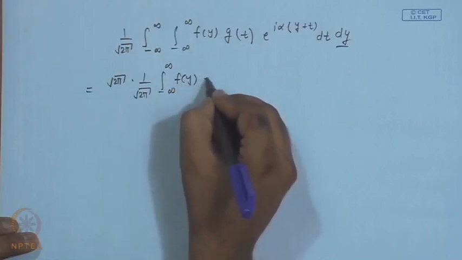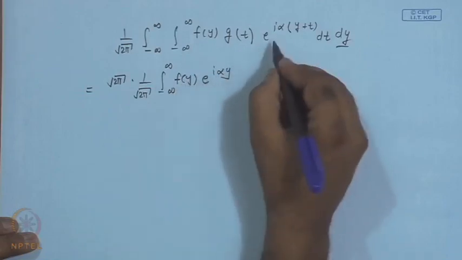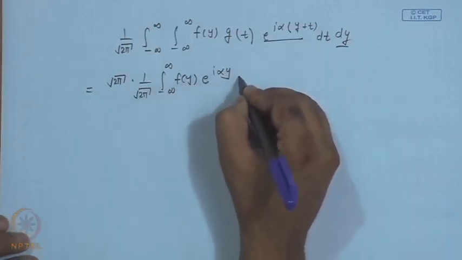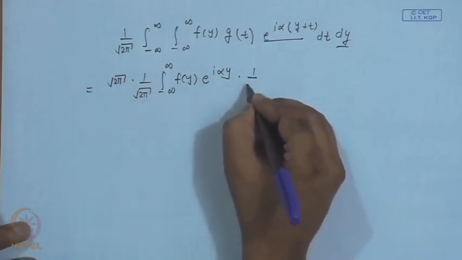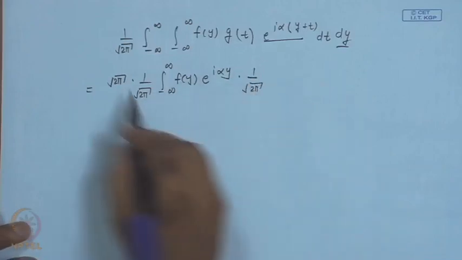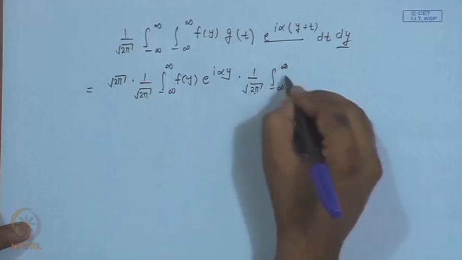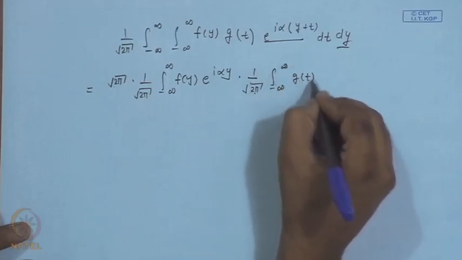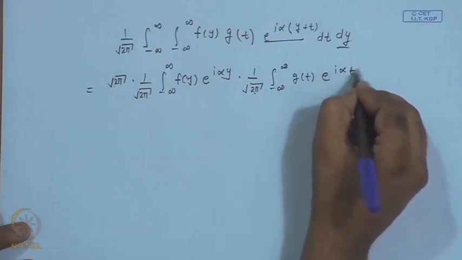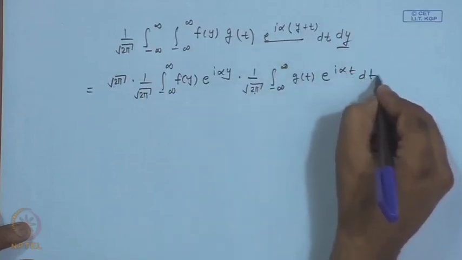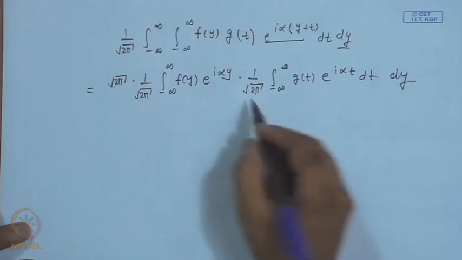So, f(y) and e^{iαy} from here, and then we put that 1 over square root 2 pi here. We have the inner integral with respect to t. So, g(t) and e^{iαt} from here, and we have dt, and then we have dy.